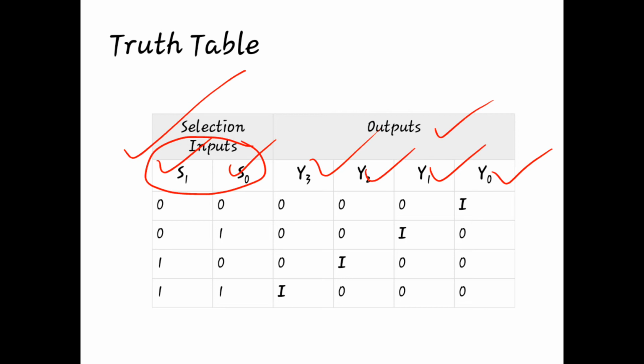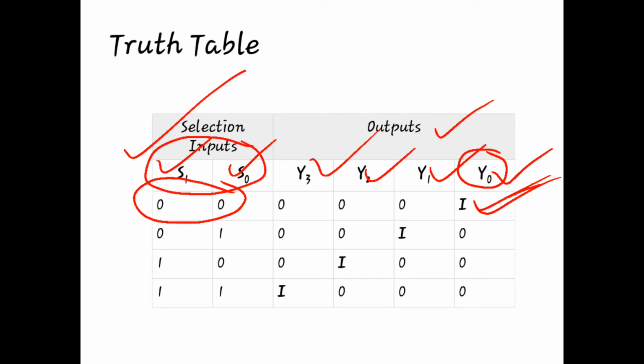So depending upon the inputs, that is the status of the select lines, we will have the output line selection. So you can see when both the select lines are low, then the output line selected will be Y0. This is the first row which is showing this working.